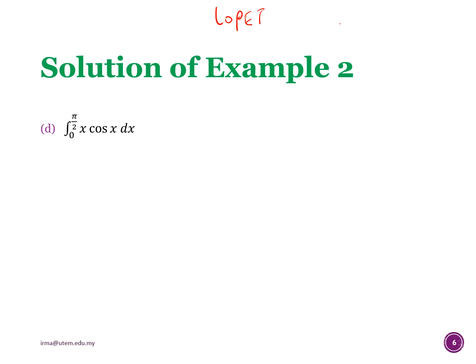So we will let u as x, and from here we will have du dx equal to 1, so du equal to dx. And another one we have dv, okay, dv is cos x dx. So from this we integrate both sides.